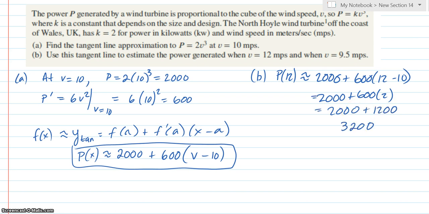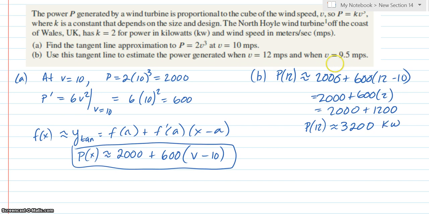So you can see that you could predict what the future is going to be. We're going to estimate the power generated when v is 12. And that would be in kilowatts.